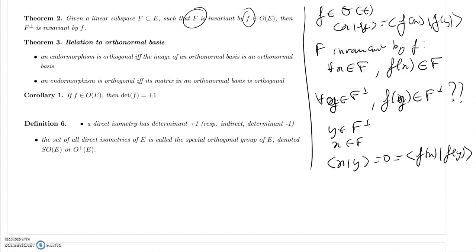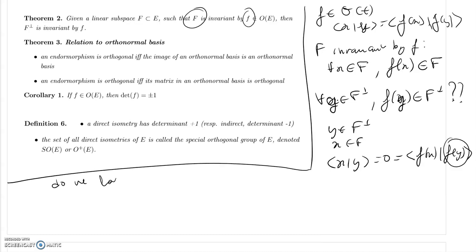We want to show that f(y) also belongs to F orthogonal. So do we have that for all z that belongs to F, ⟨f(y), z⟩ is equal to 0?